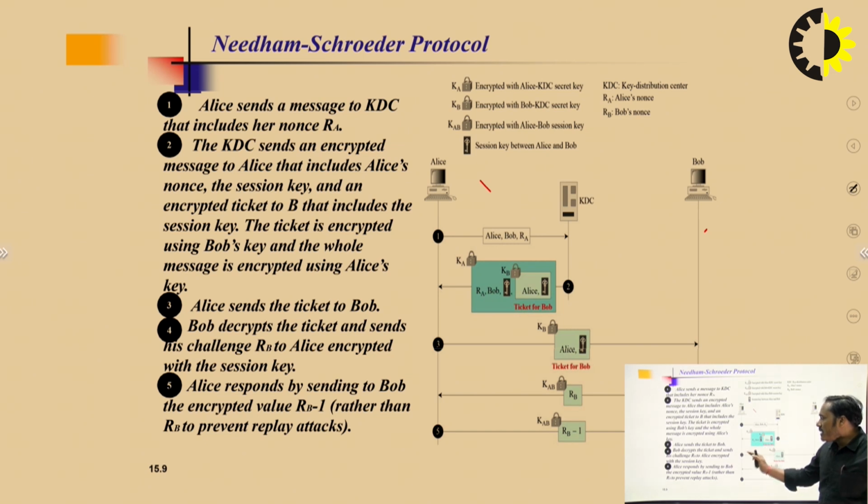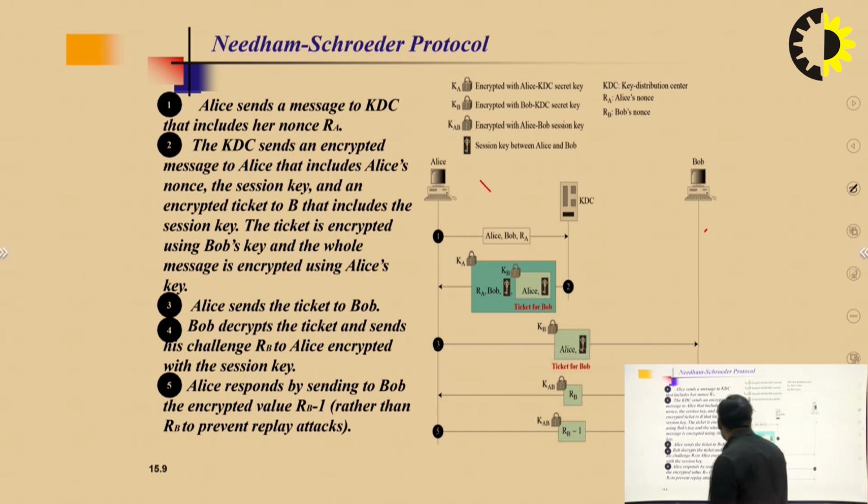In the third step, the request will be received by Alice and sent to the Bob side using the session key between Alice and Bob, and Alice's key in the form of a ticket, and it will be received at the Bob side. After that, Bob will revert back with the common key, that is KAB, and then they share the agreement between the two parties and start communication.